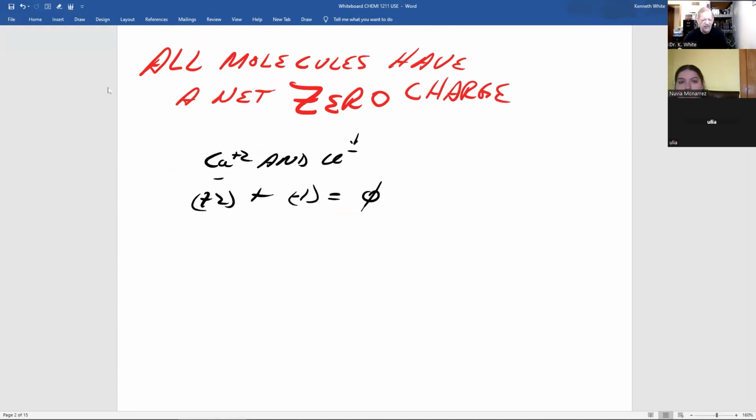Well, you can't change the charge. Students try and do that. This is an awful looking plus, but you can change how many. If this is a +2, how do we get this to -2 so it adds up to 0? You have 2 of them. And how do we show the formula?